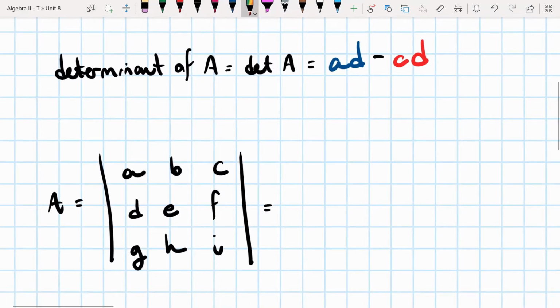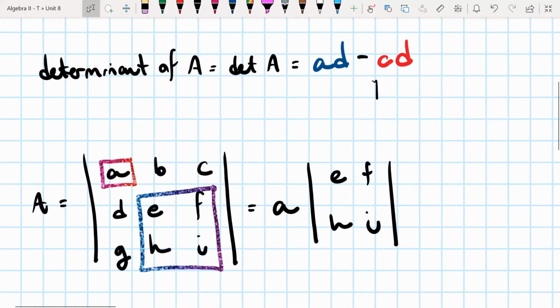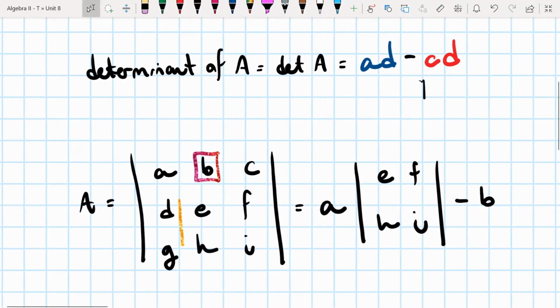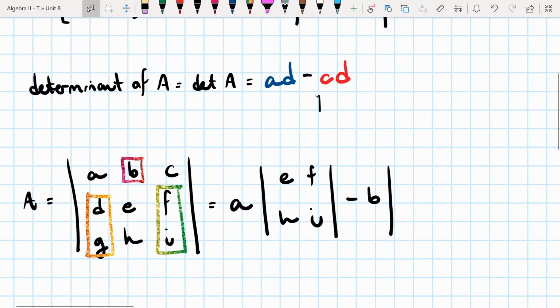We're going to start with A, and we're going to multiply A by the determinant of this 2x2 matrix down in the bottom right, so E, F, H, I. Next, we're going to take B and subtract B times the determinant of these two columns treated as a 2x2 matrix, so D, F, G, and I.